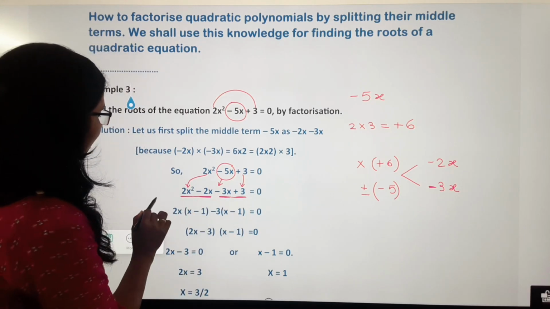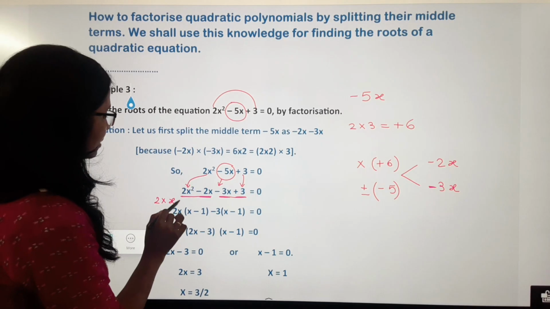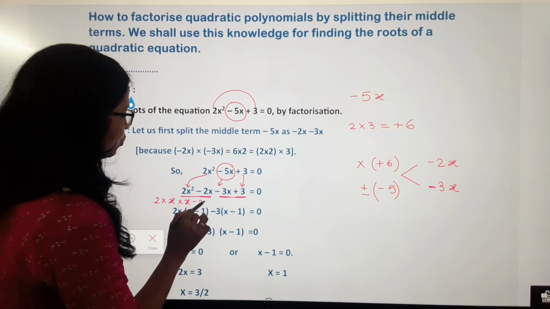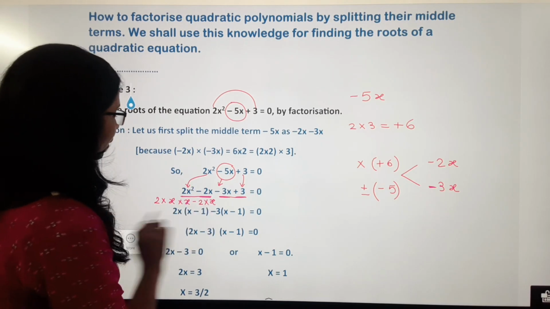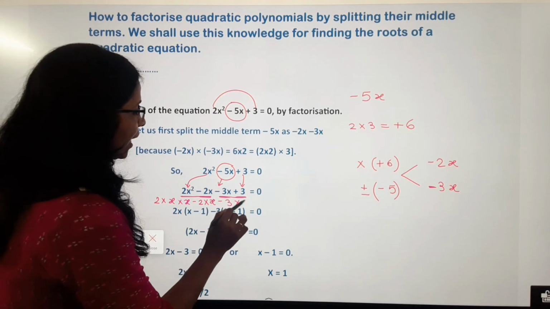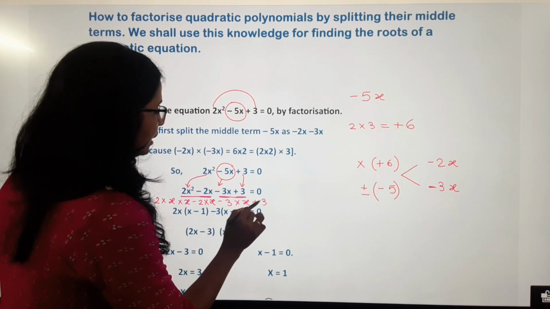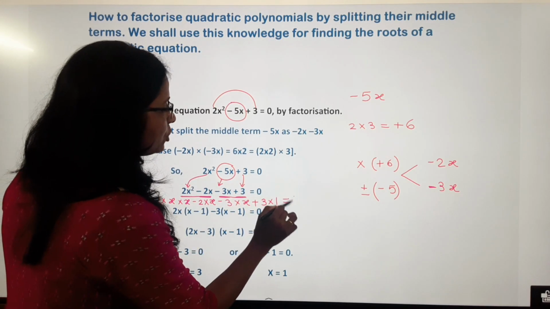Then here see 2 multiply x minus 2 multiply x minus 3 multiply x plus 3 multiply 1, which is equal to 0.